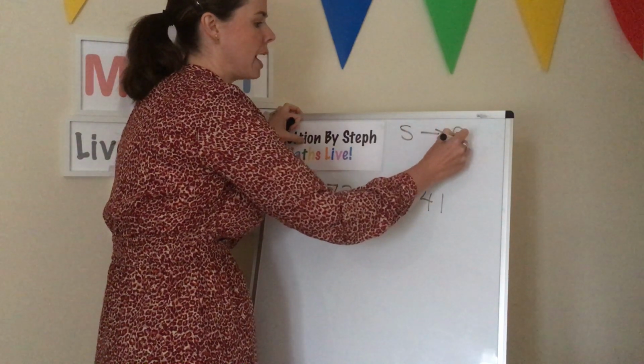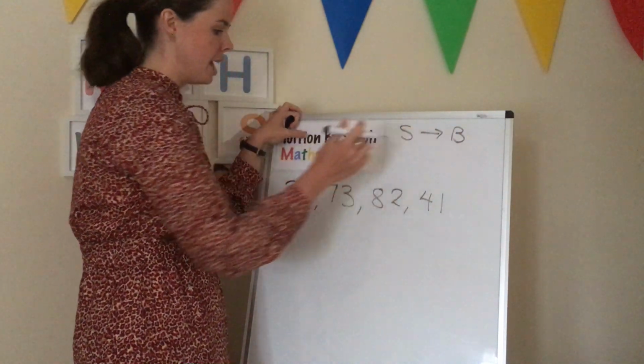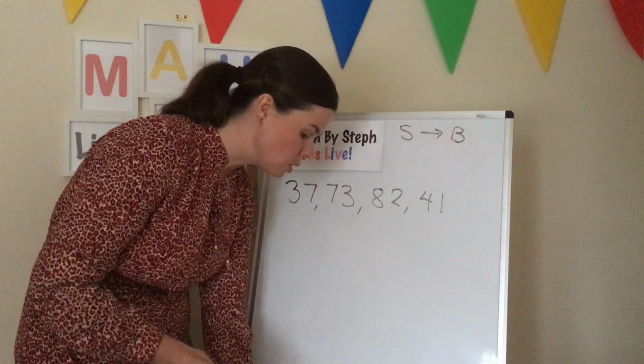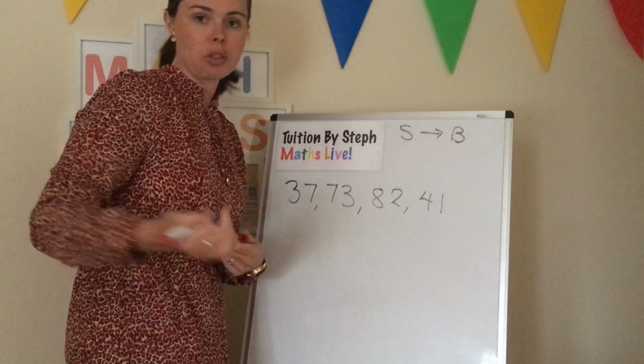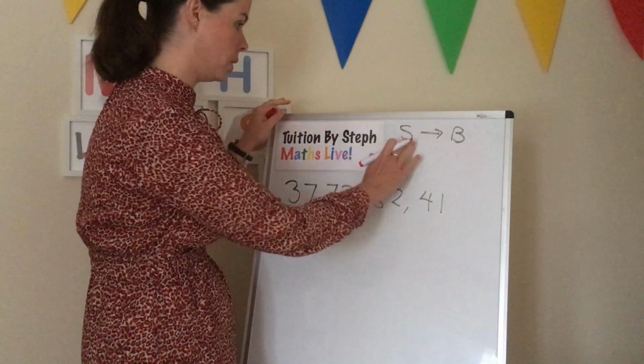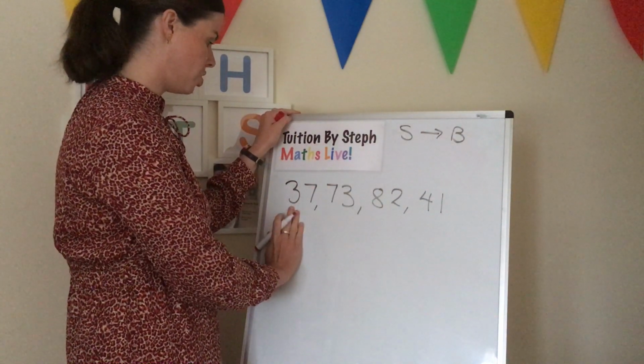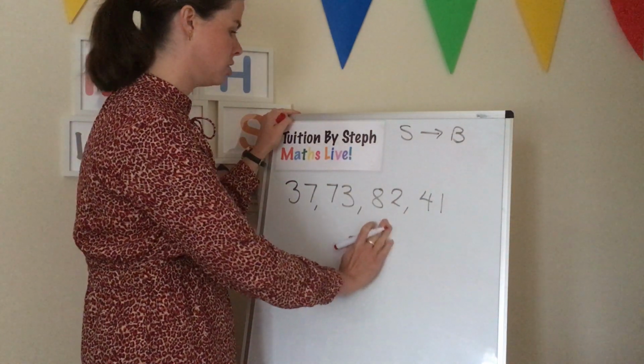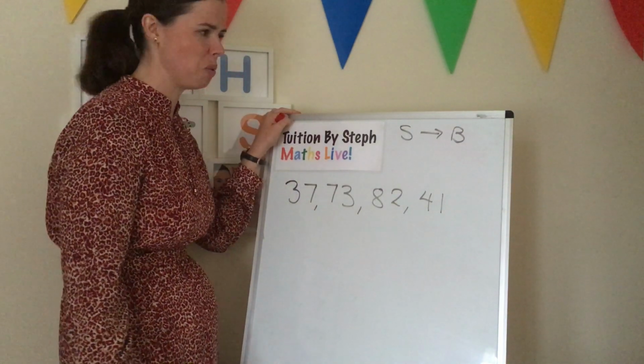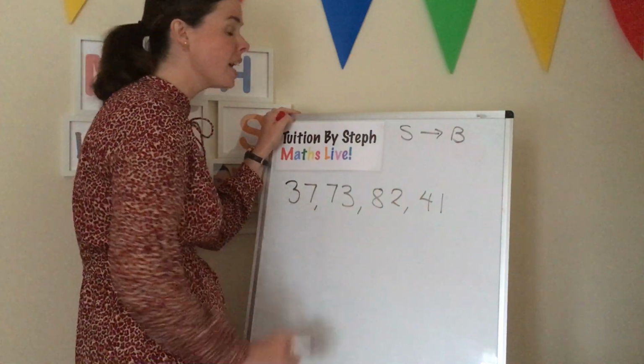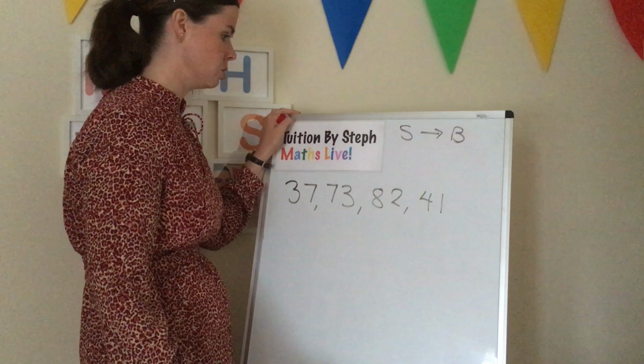Now, we'll come back to the importance of this in a minute. You need to be able to look at the place values of the numbers to know which one is the smallest to the biggest. So we've got 37, 73, 82 and 41. Now some of you might be thinking, well, that's obvious, Steph. I know that 37 is the smallest number.